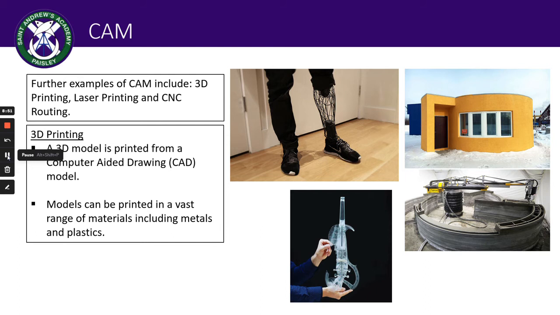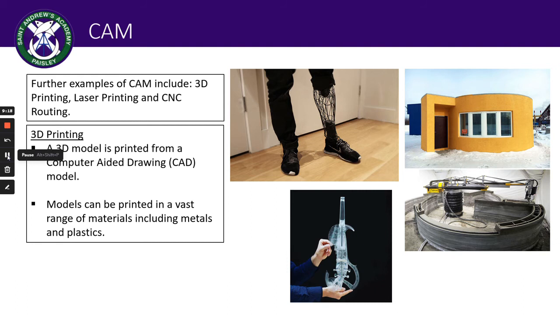Other examples of CAM include 3D printing, laser printing, and CNC routing. So firstly, looking at 3D printing, this is where a product is printed from a virtual model designed in computer drawing software. The model can then be printed, and this can be done in, at the moment, just about any material.